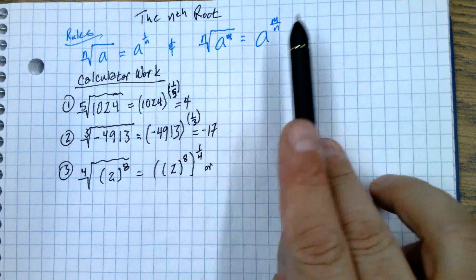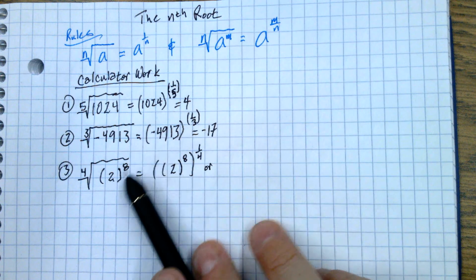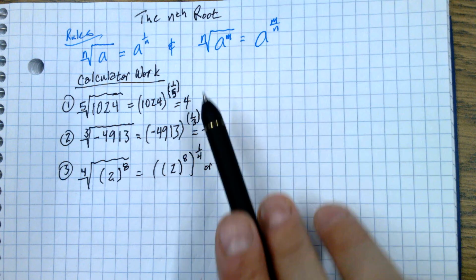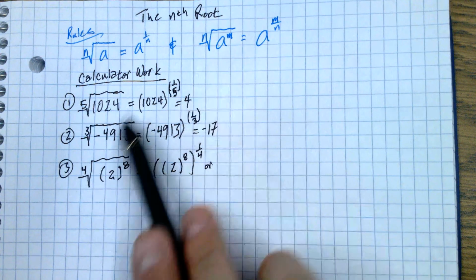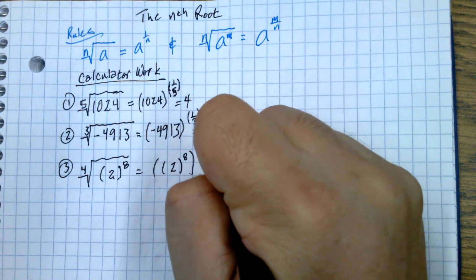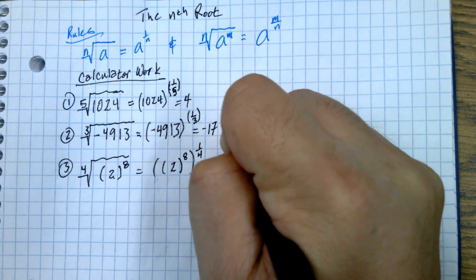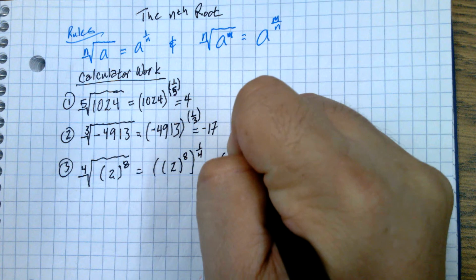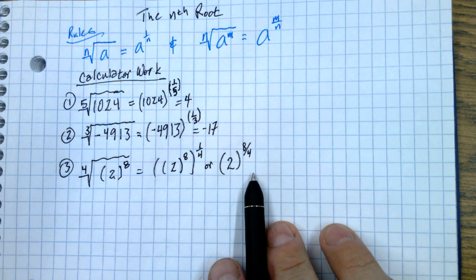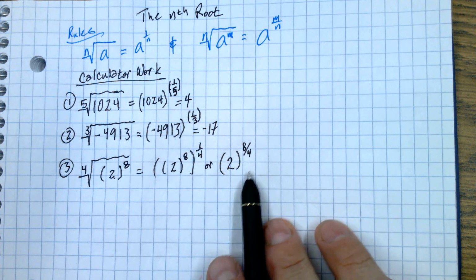How would we write it? 8 is essentially the m, right? N is essentially 4. How could we write that instead? 8/4. And if you wanted to do some thinking and let the calculator take a break, what's 8/4? 2. Basically, it's 2 to the 2nd power.